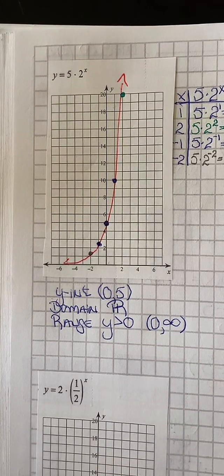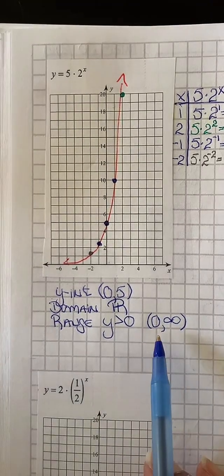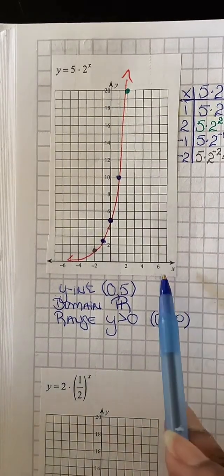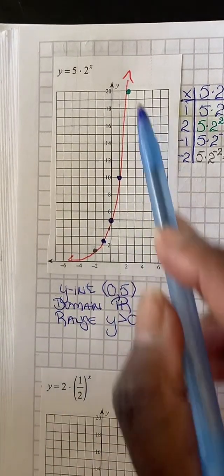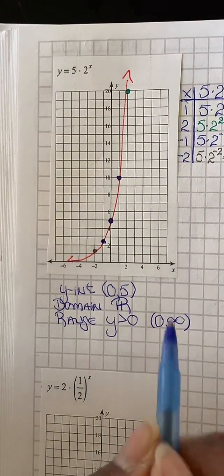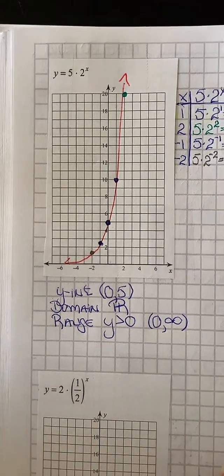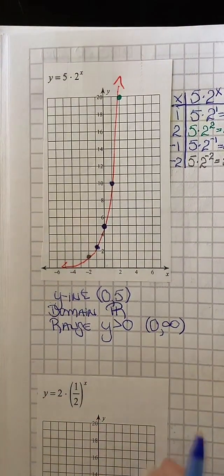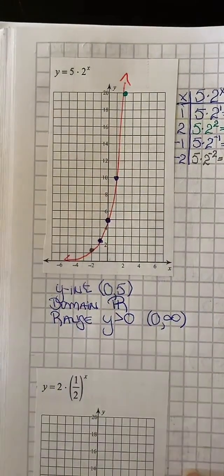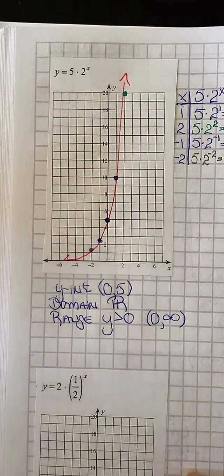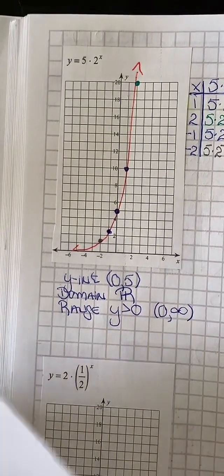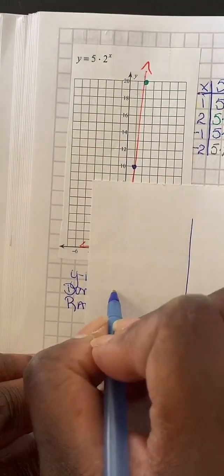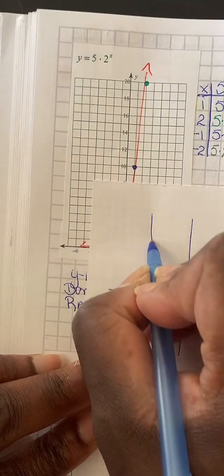If it's parentheses or bracket. Okay, good question. If it includes it, so if it does equal 0 and goes to positive infinity, it will be a bracket. So let's say you had a quadratic. You don't have to write this part. Actually, I'm going to write it on here, because I don't want to visit my notes.